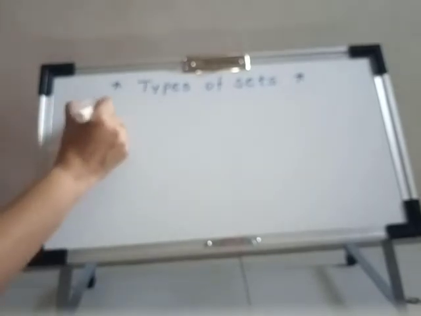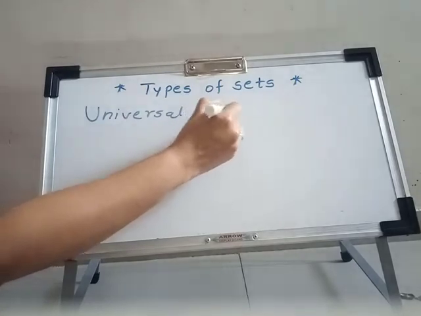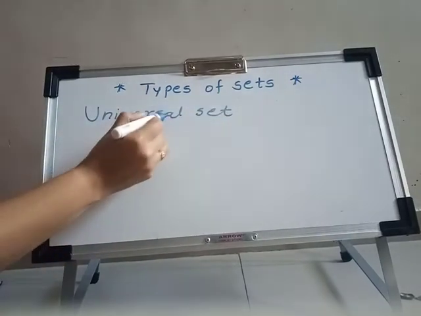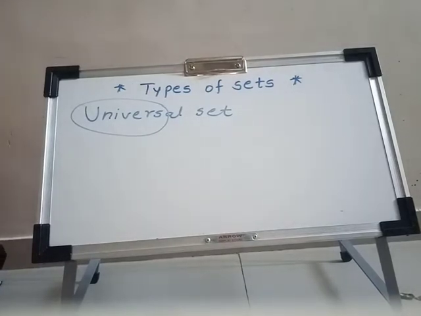Next is universal set. Universe itself means all the sets, all the elements. The bigger set which will accommodate all the given sets under consideration is generally called the universal set.